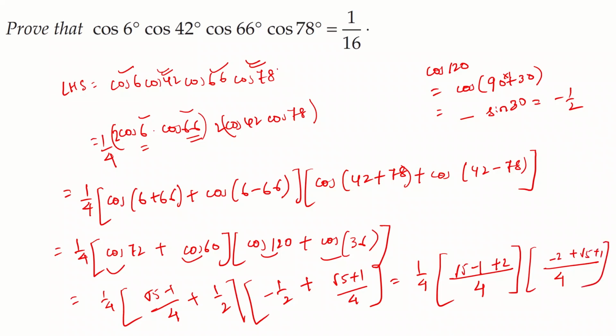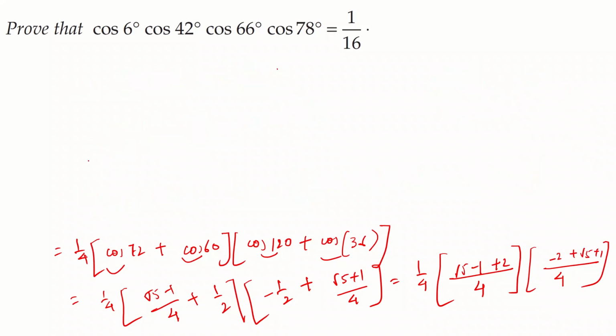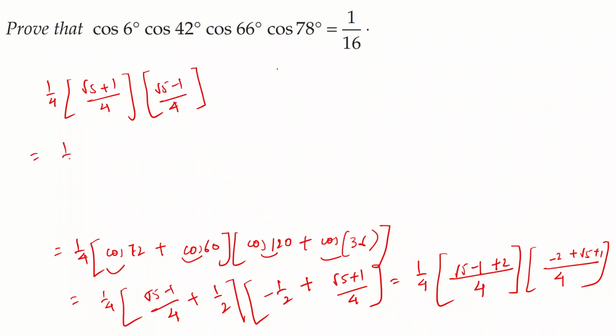So let me erase the above parts, and now simplifying a bit more gives us (root 5 plus 1) by 4 times (root 5 minus 1) by 4. Now (root 5 plus 1) times (root 5 minus 1) is (a plus b) times (a minus b), which is a square minus b square, and 4 times 4 is 16.